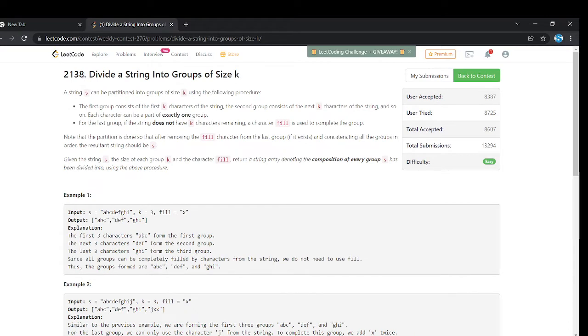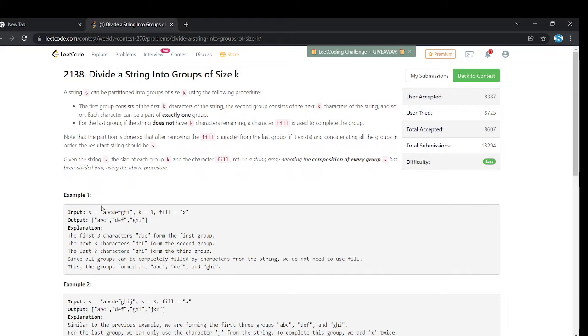So here in this question, we were given a string s, and we were supposed to create substrings of that string having a size equal to k. That means we have to divide the entire string into groups such that each group will have a length equal to k.